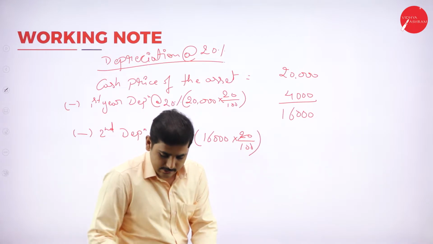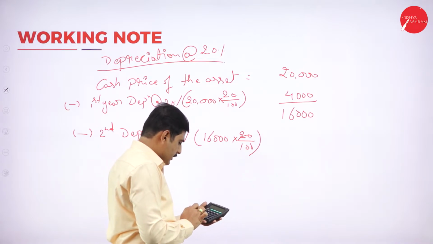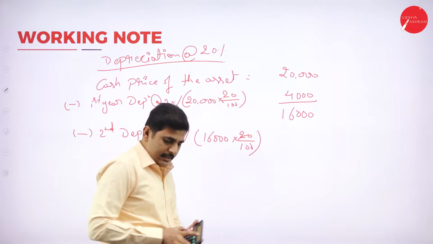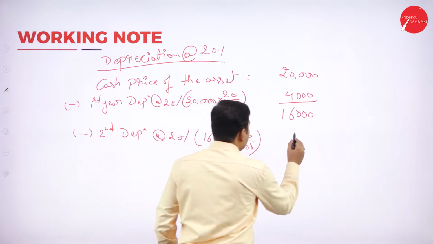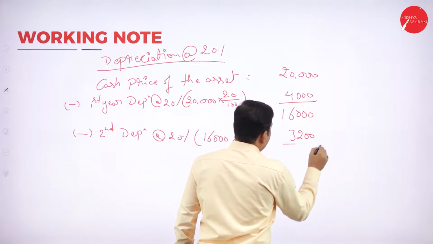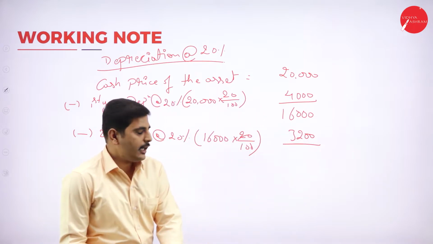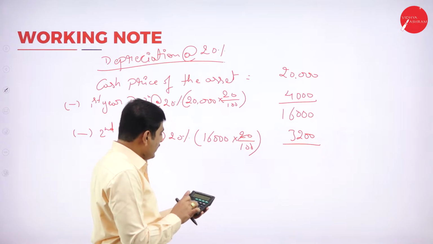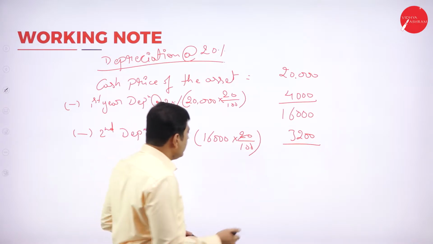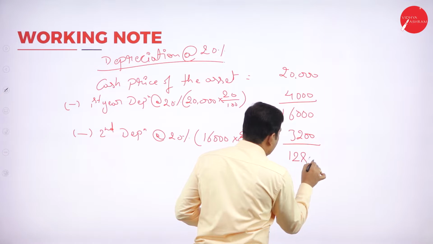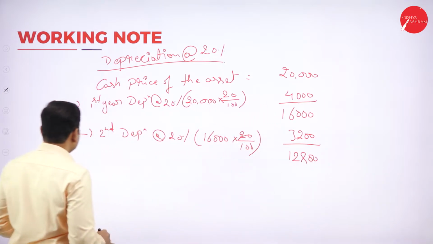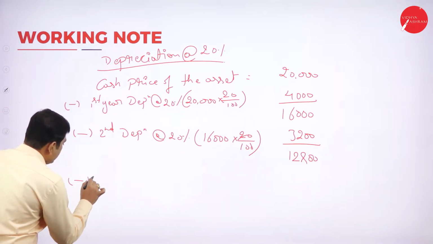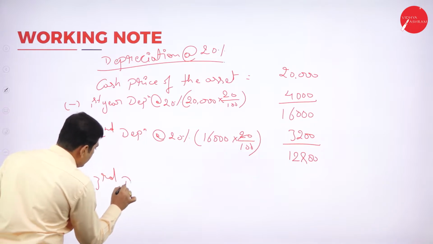So let's calculate. 16,000 into 20% is 3,200. So if you deduct 3,200, you'll get 12,800.